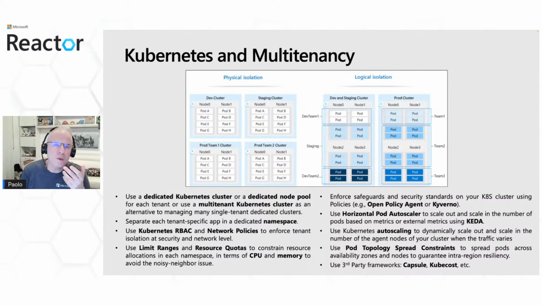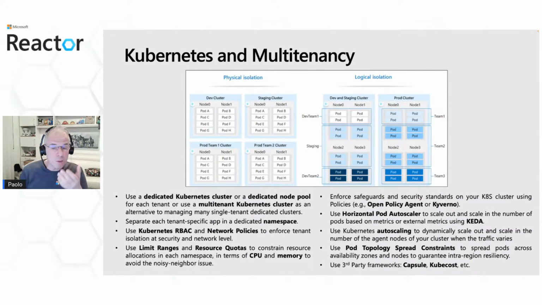So you can use CPU and memory metrics to scale out and scale in the number of pods on a per tenant basis. Or you can also use Kubernetes event-driven autoscaling, also known as KEDA, that provides the ability to auto-scale your cluster based on the metrics of external services that could be Kafka, could be Azure Service Bus, could be Azure Event Hubs, and so forth.